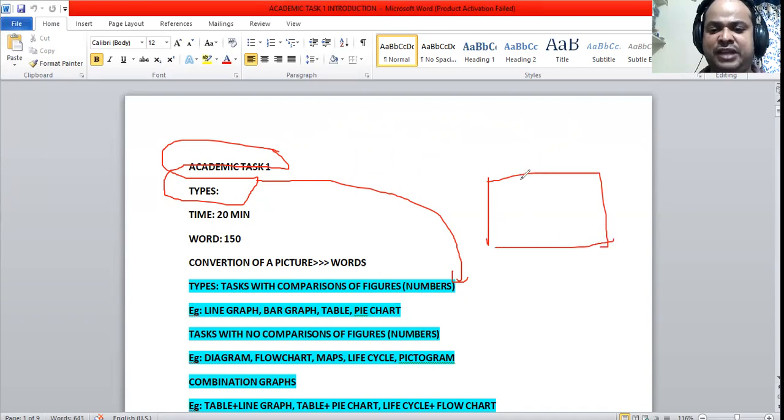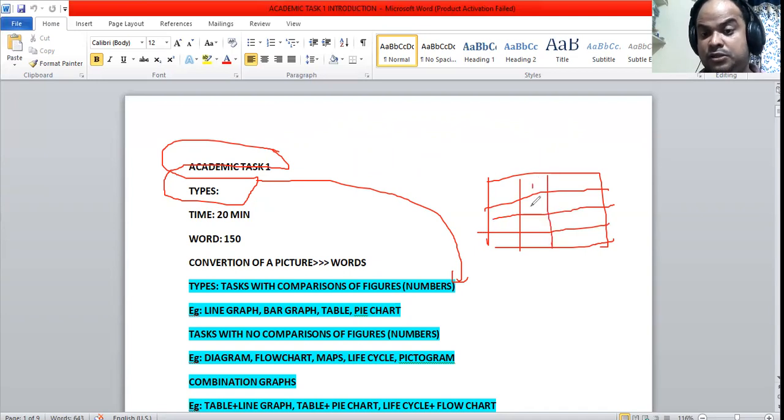If you have a table, you'll have statistical data, numbers like 1, 2, 40, 50, and these numbers are to be compared. We call these classical task one. We have line graph, bar graph, table, and pie chart under this category.